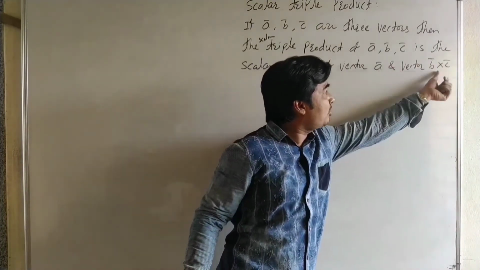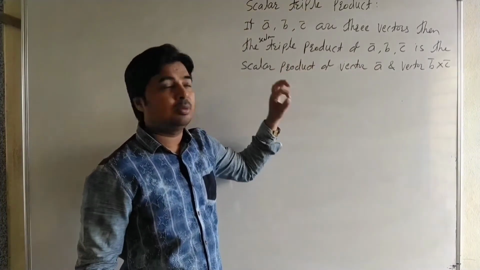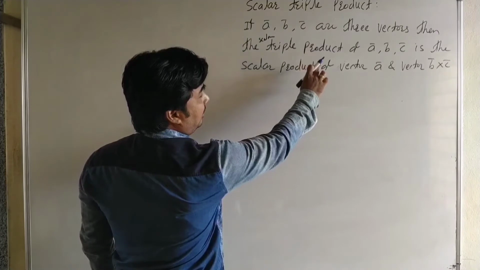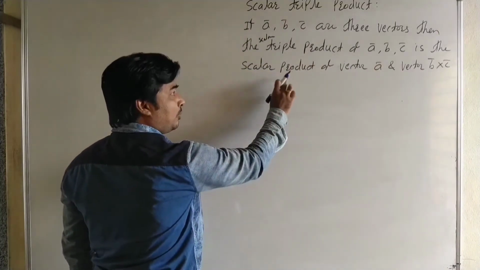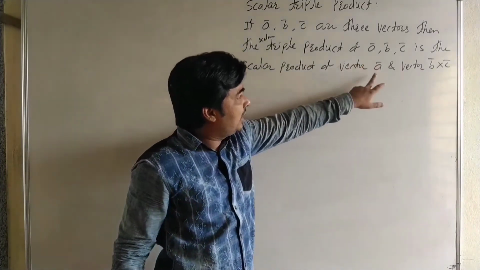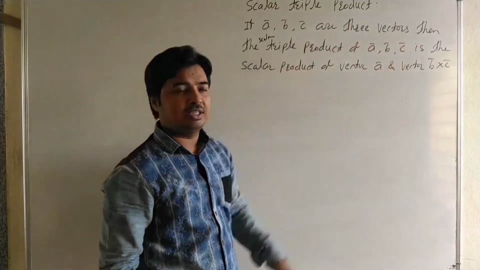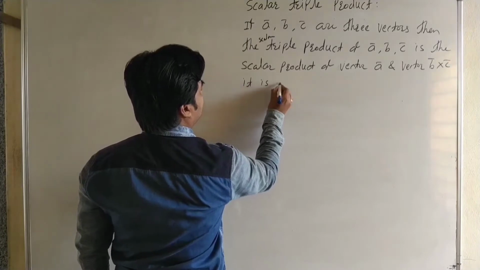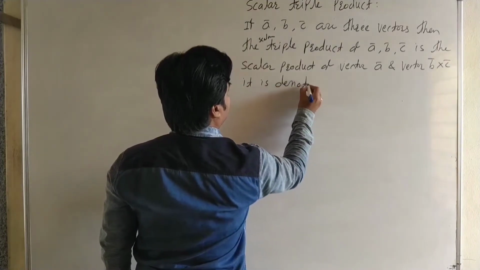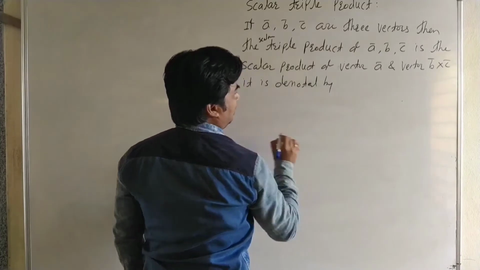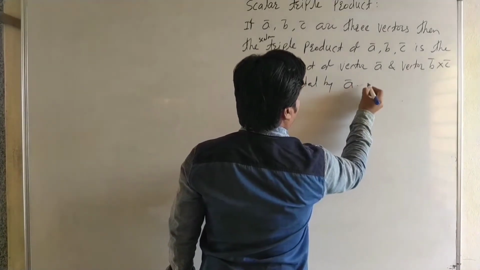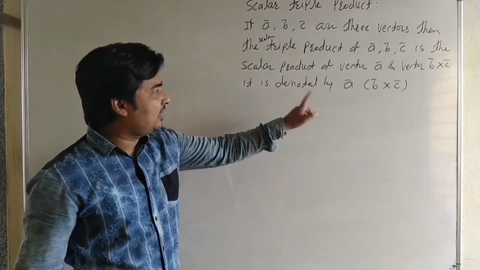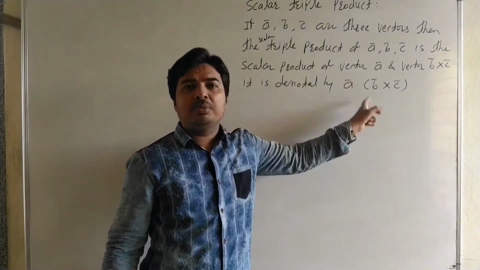Therefore the scalar product of these two vectors is the scalar triple product, and it is denoted by a bar dot b bar cross c bar. It is the scalar triple product of a bar, b bar and c bar.